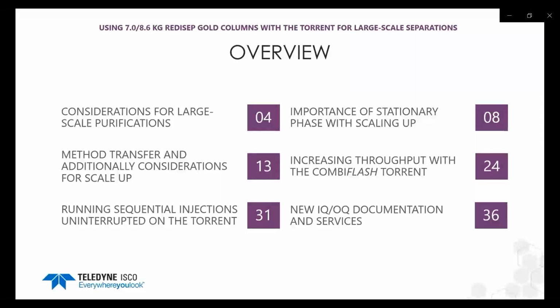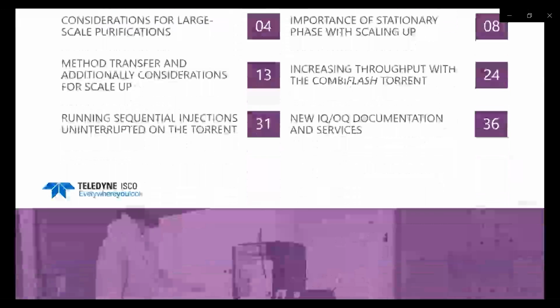Then we'll talk about how we can transfer a method from a smaller column and scale that up to our large columns. And then specifically, we're going to discuss how the CombiFlash Torrent can increase your throughput and specific instances of running sequential injections on the Torrent with the solvent selection valve. And then finally, we're going to discuss our new IQOQ documentation and service options.